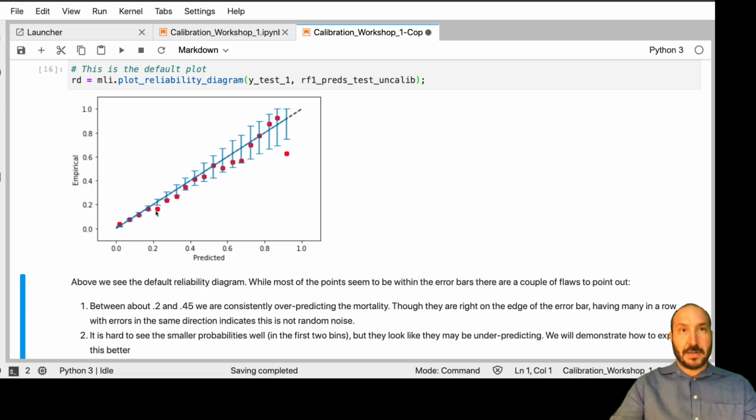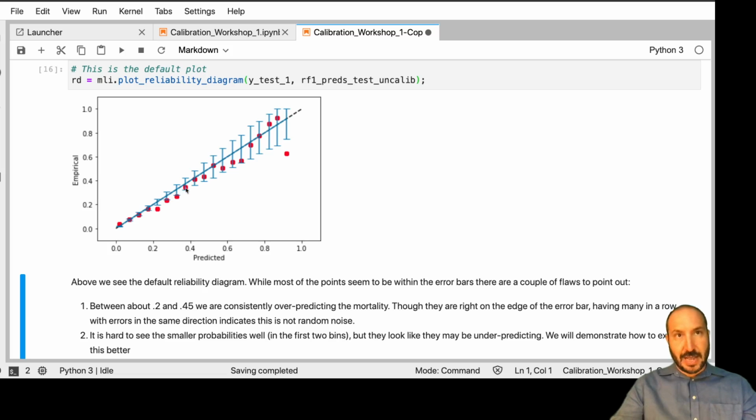Similarly, if you see several bins in a row where the error trends in the same direction, even if they individually are all within a confidence interval, that's probably an indication that it's making a mistake there.